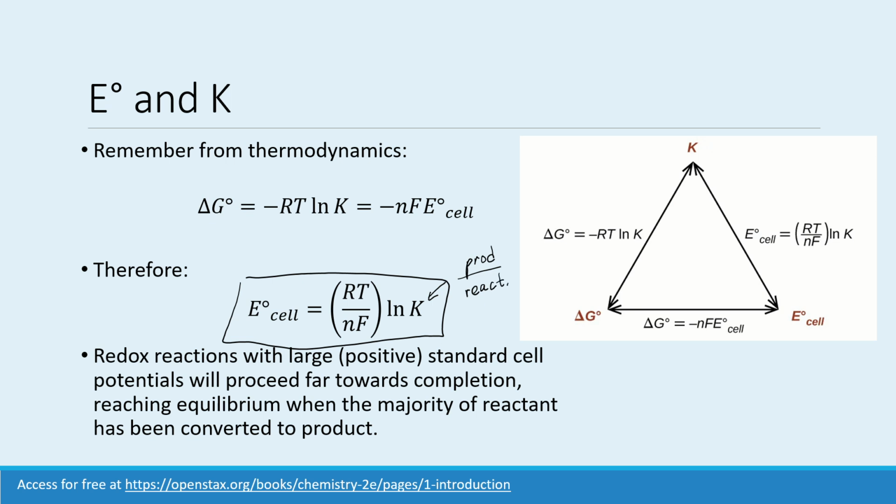And so if we have a very large standard cell potential, we're going to have a very large K, which means we have more products than reactants. And so that reaction is going towards completion, where our reactants are mostly being converted to products.